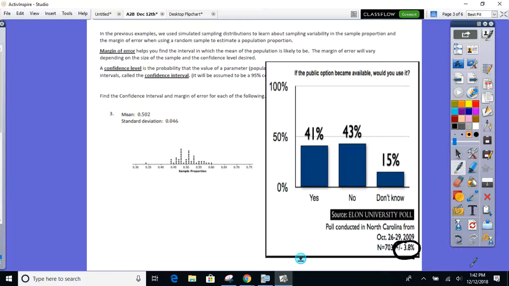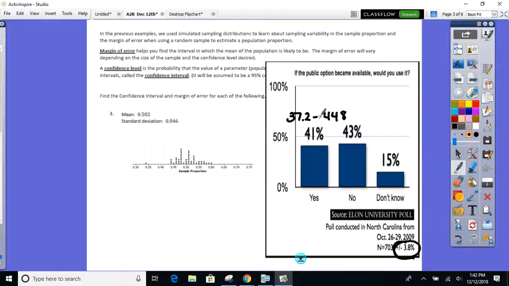Here's what that means. It's not exactly 41, but I bet you it could be anywhere from 3.8 above or 3.8 below. So if you guys do 41%, go ahead, 41 in your calculator right now, add 3.8 for me. What do you end up with? 44.8 and do 41 minus 3.8. 37.2.